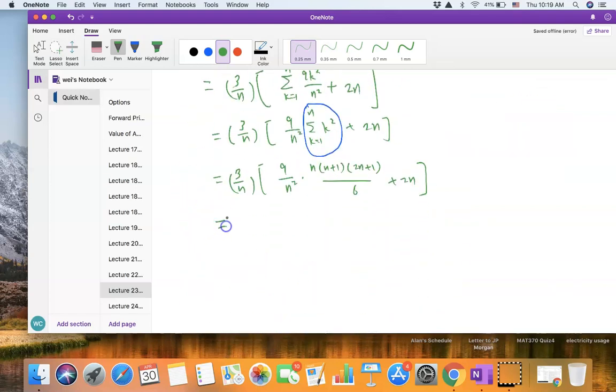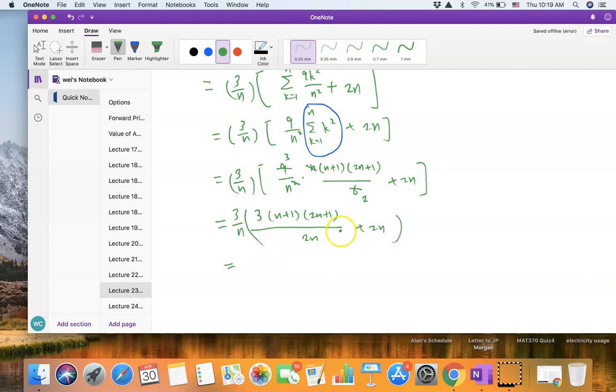So to simplify this, we can first cancel this n, and 9 and 6 have a common factor 3. So we have 3 times n plus 1, 2n plus 1 over 2 plus 2n times 3 over n.